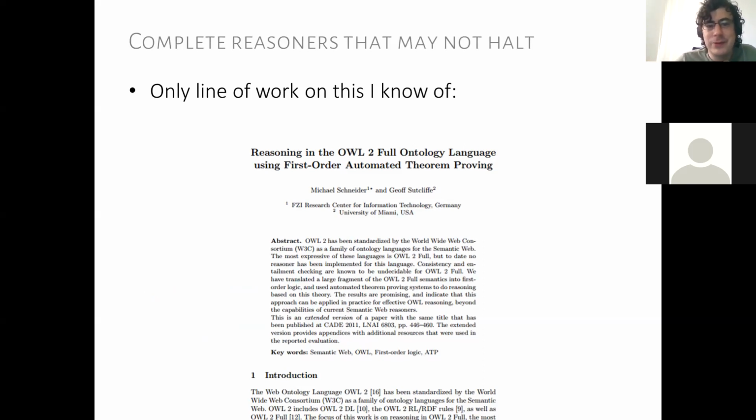So there's only one line of work I know in this, which is using first order automated theorem proving, essentially reducing OWL entailment to first order automated theorem proving. And what it's saying is it can support the full ontology language, like everything we defined previously. It just may not halt in certain cases. So there is some work on that.